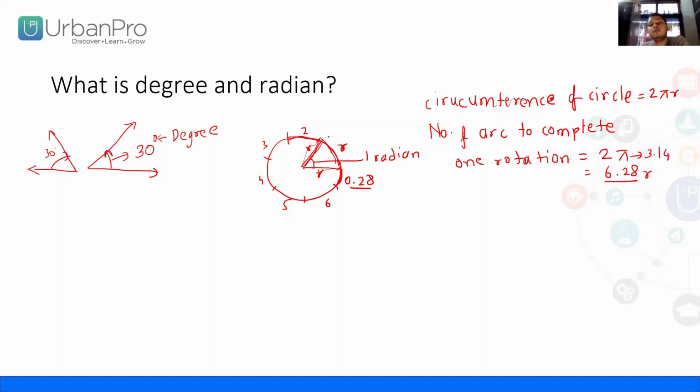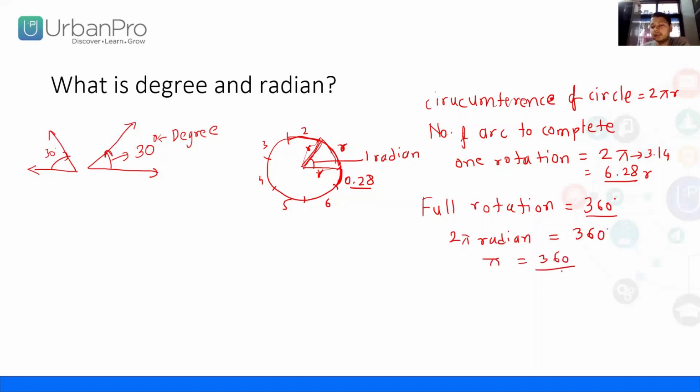Now if we complete one full rotation, how many degrees are we completing? We are completing 360 degrees. So if we compare this with radian, 2 pi radian will be equal to 360 degree, and then value of pi will be 360 divided by 2, which is 180. As simple as this.